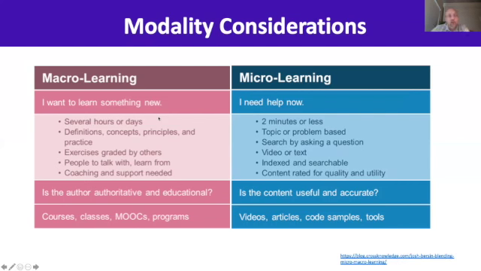Versus a macro program, which is going to be that aggregation of everything that builds towards that ultimate goal, and it's going to be focused around, ideally, bringing people together to build that overarching organization or situational need.